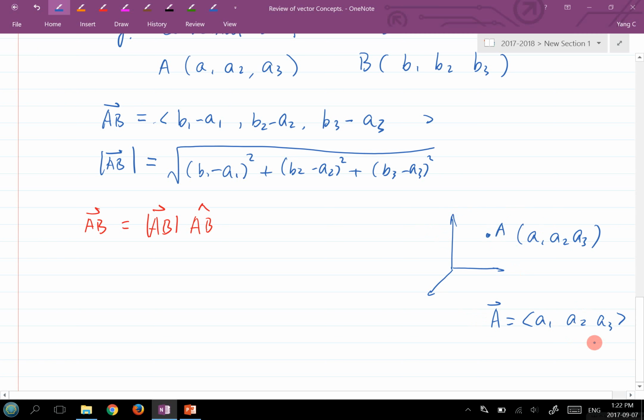One of them is a point A in space. The other one is a vector from the origin of that space. Excellent.